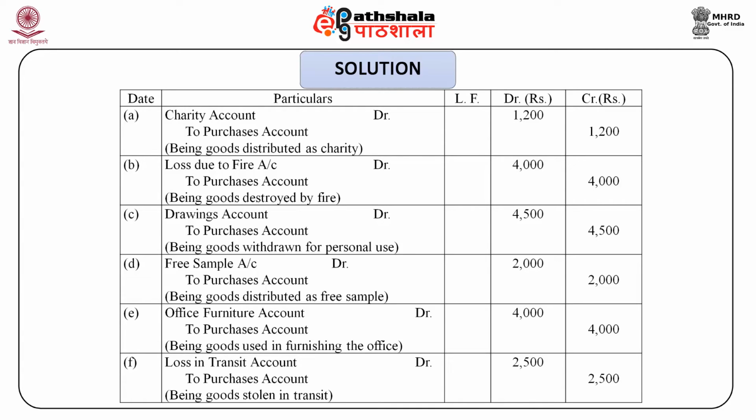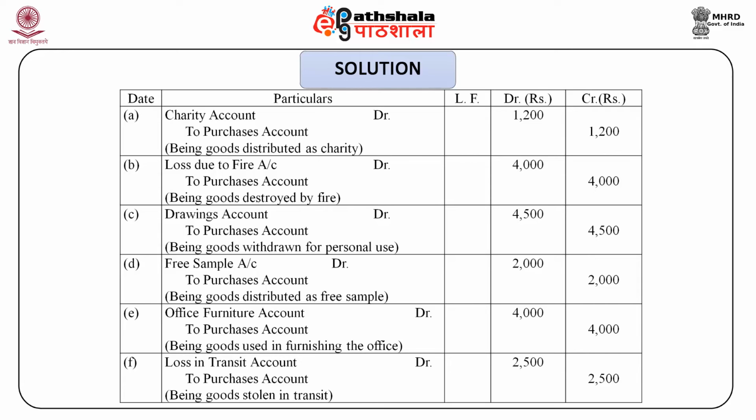C. Goods withdrawn for personal use. Sale price 6000, cost rupees 4500. The entry will be drawings account debited by 4500 rupees to purchases account as the goods are withdrawn for personal use.